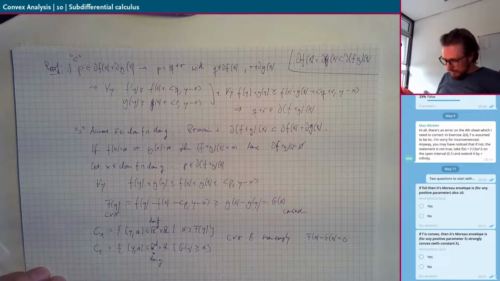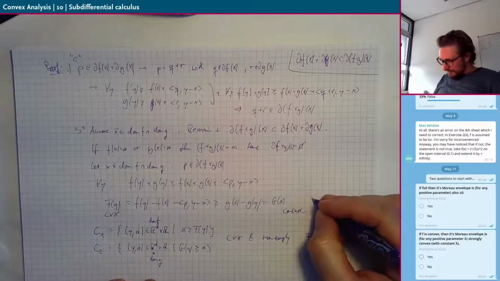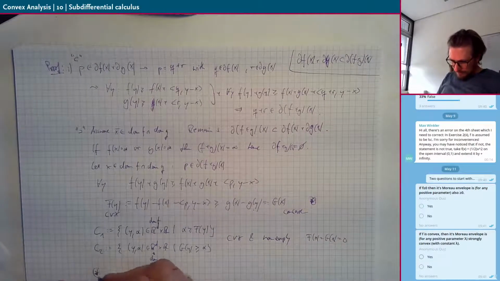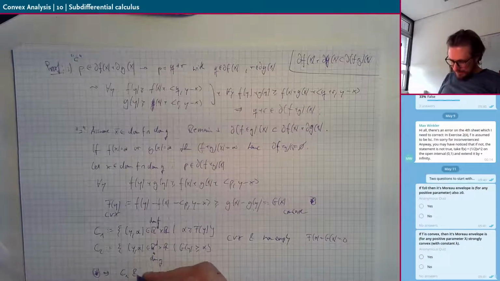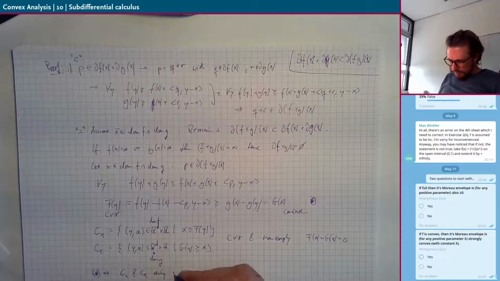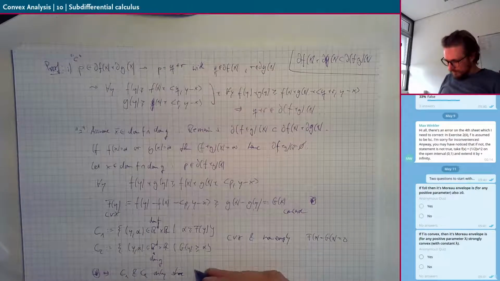Moreover, the important thing is that this implies that C1 and C2 only share boundary points.